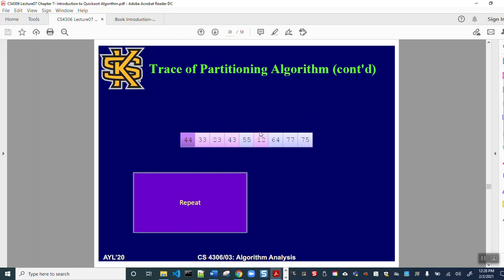That is what is shown here. Then these two will be swapped, so 55 will go over here and 12 will come over here.